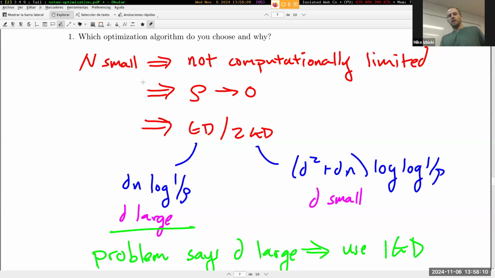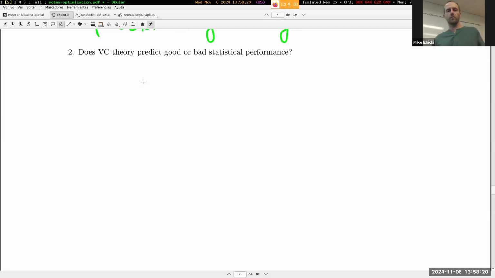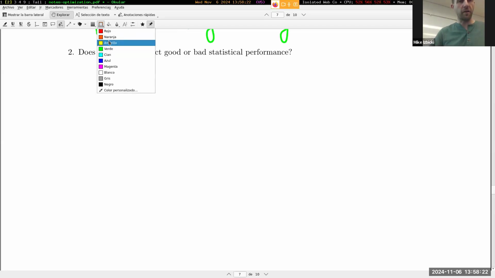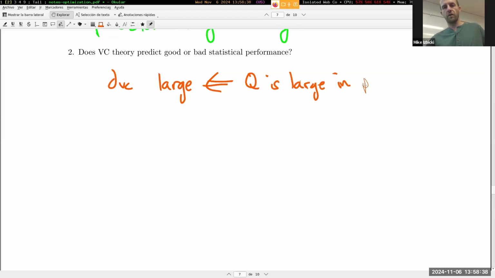Okay, part 2 down here. So part 1 was about the runtimes, optimization, what to select. Part 2 is about the statistics. It says, does VC theory predict good or bad statistical performance? Based on the problem statement, our d_VC is large, because Q is large in the polynomial kernel. But our N value is small, the number of data points is small.